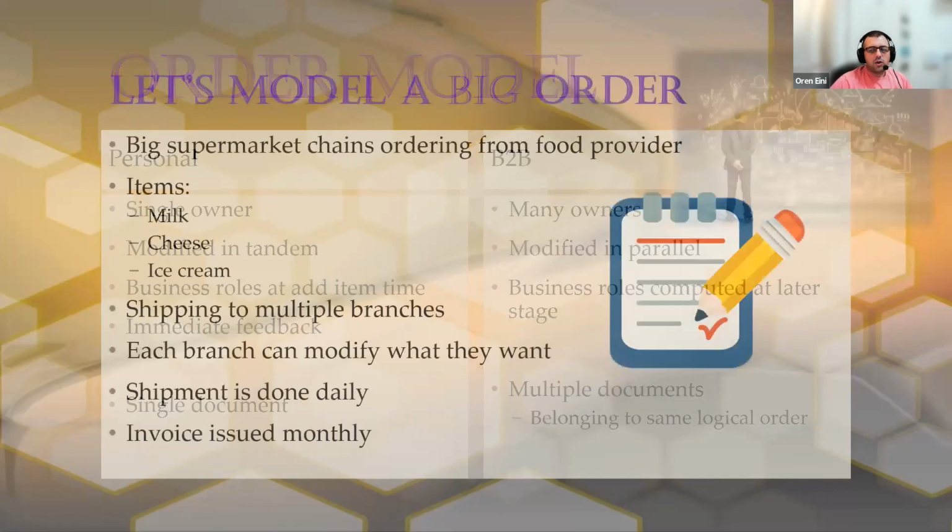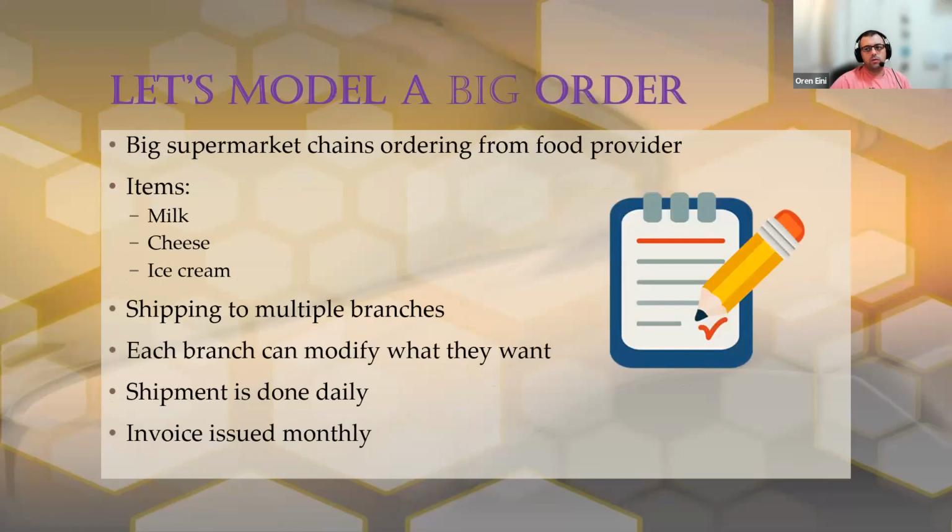So now, let's talk about how we model the big order. In this case, the scenario is a big supermarket chain and a food provider. At this point, we are building a system for the food provider. We sell things like milk, cheese, ice cream, and probably a whole bunch of other milk-based products.